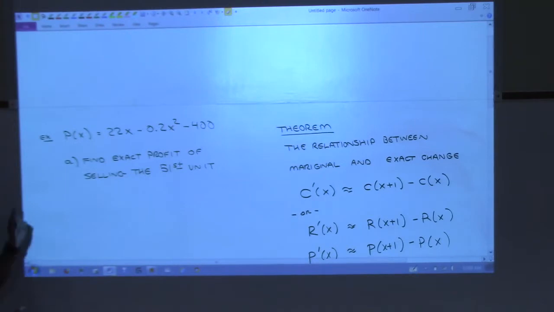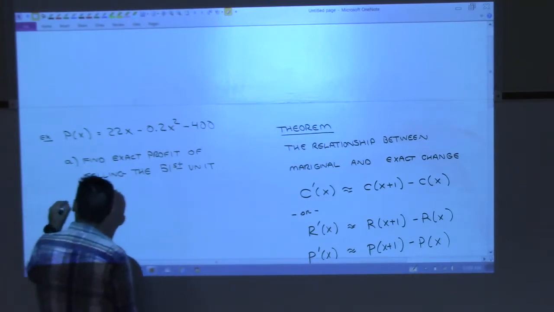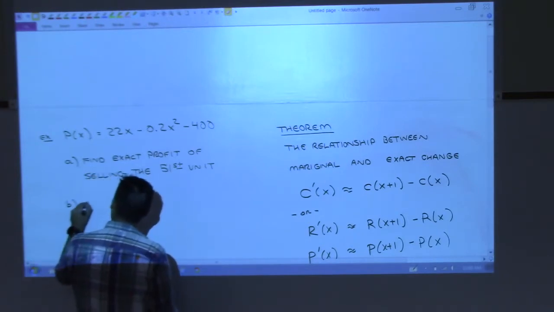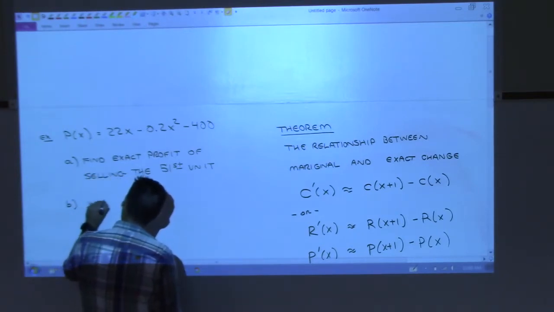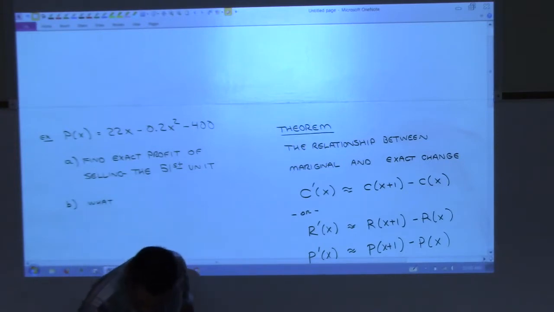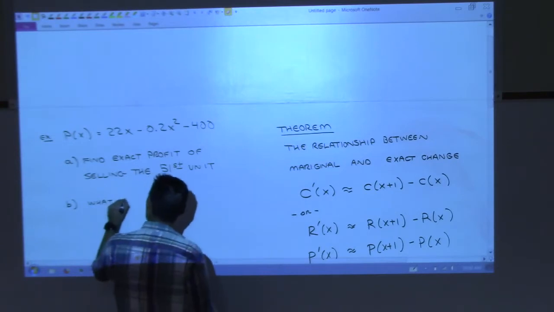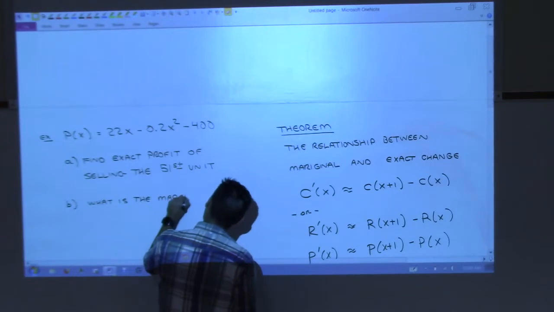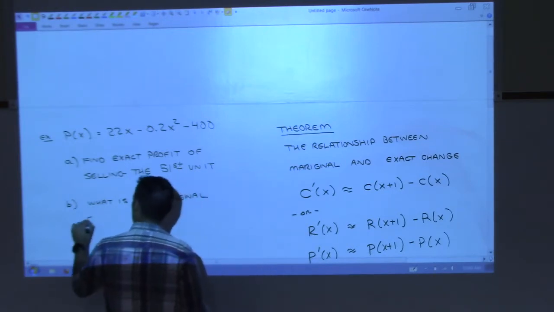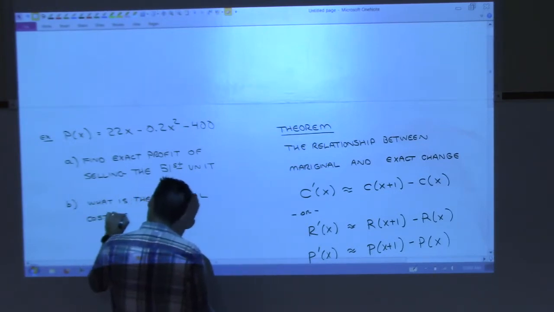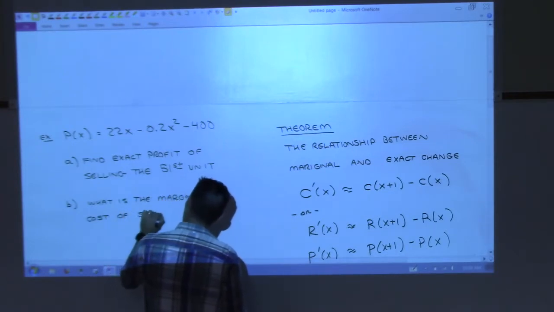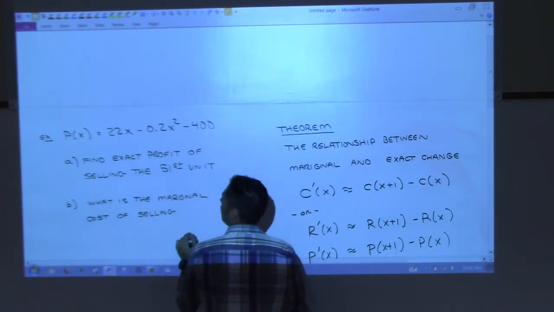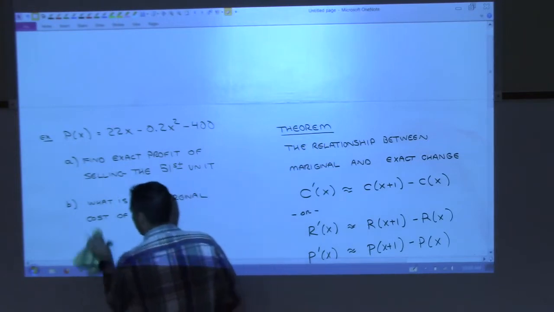All right, so find the exact profit of selling the 51st unit. All right, that's the first question. Second question, what is the marginal cost of selling, so I put cost, profit, sorry.